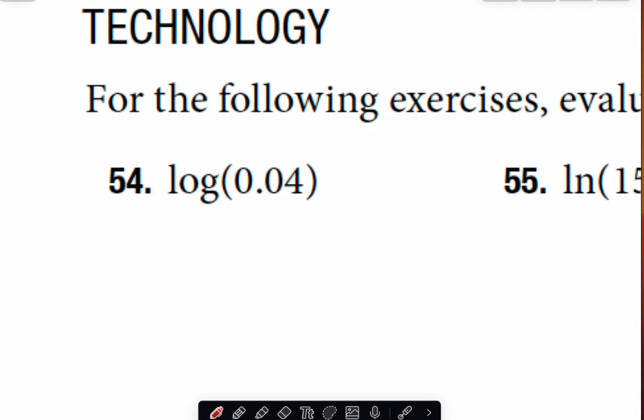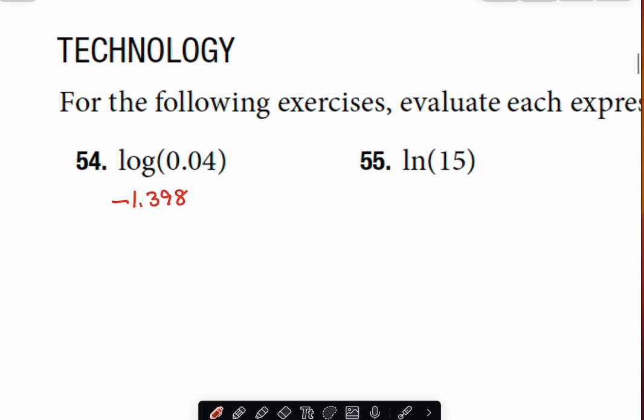And I get an answer of negative 1.398 to the nearest thousandth. But 55, don't use the log button. Use the ln, the natural log button. So the natural log of 15 is 2.7081. Okay, so these should be quick and easy.